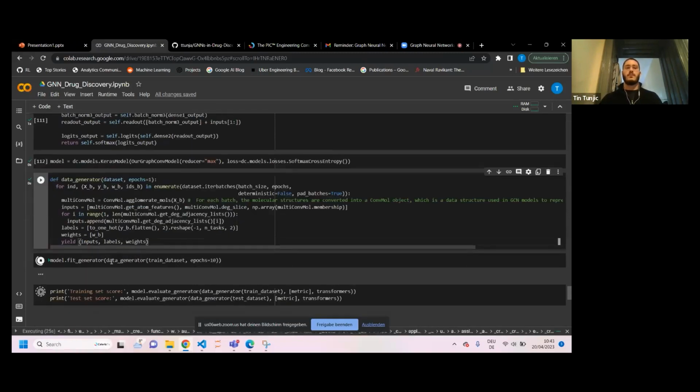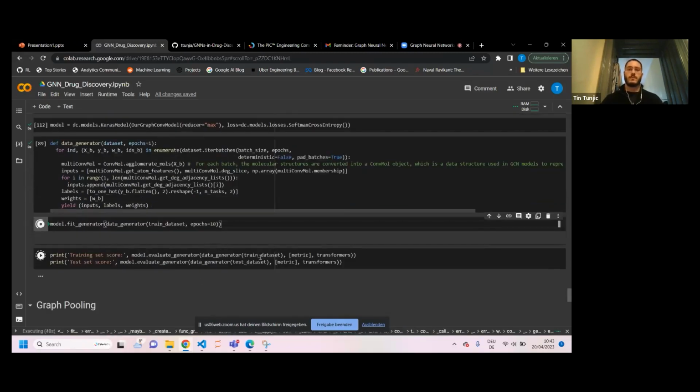And we run that data generator on the train data set with the number of epochs being 10 as before. And then we obtain how good our scores are with respect to the ROC-AUC metric as before.